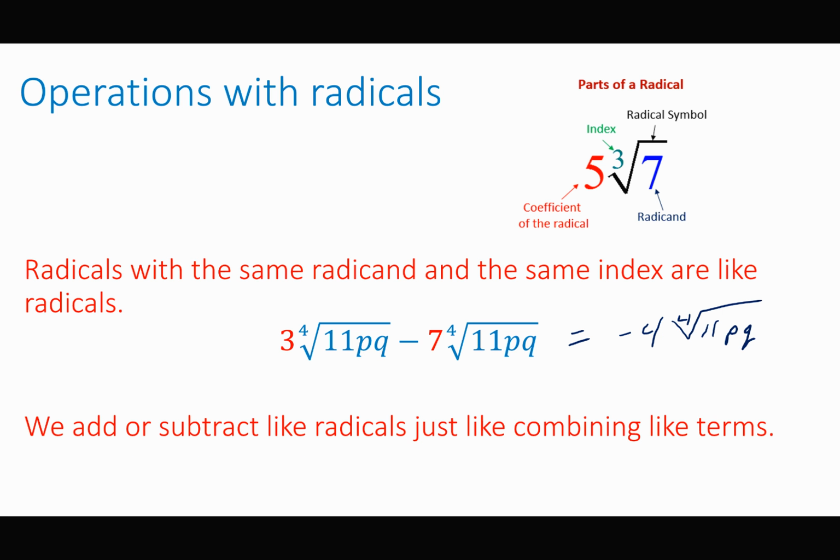All right, we can add and subtract like radicals just like we did combining like terms. But it has to be the same. 5x squared and 5x cubed are not the same. The cube root of 7 is not the same as the square root of 7. They have to have the same index and the same radicand.